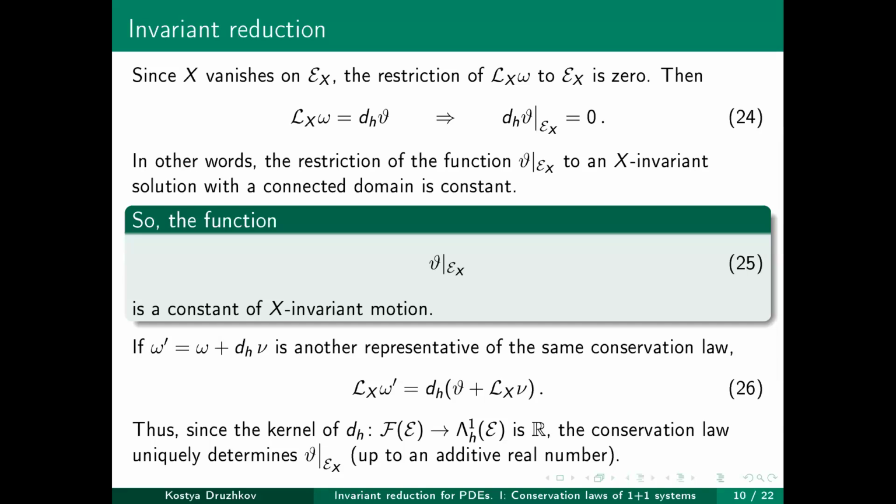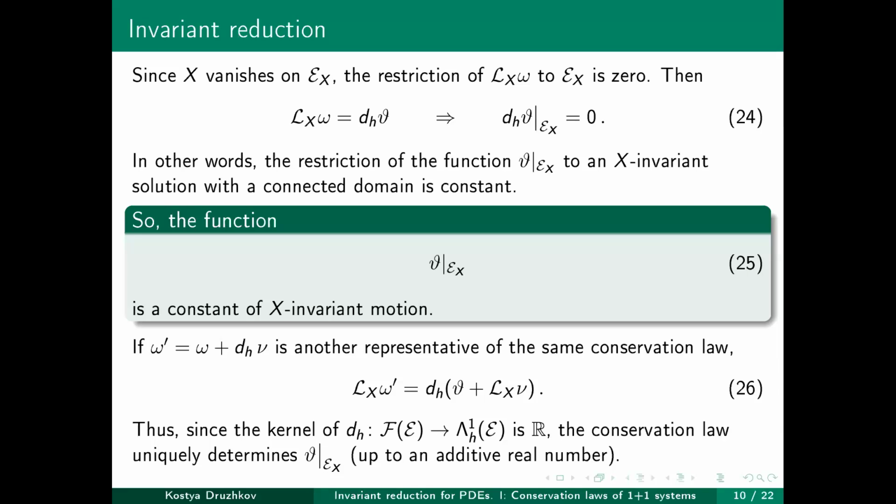Thus, since the kernel of the horizontal differential consists of just constants, the conservation law uniquely determines the restriction of this function theta to the equation epsilon X up to an additive real number, but we can say that additive real numbers are just trivial constants of X-invariant motion. So this is just how it works for first integrals of ordinary differential equations.